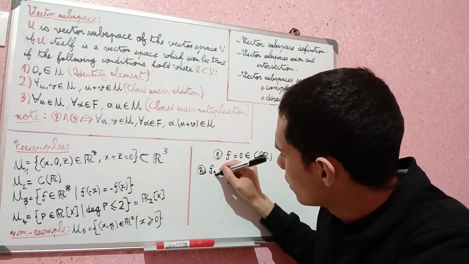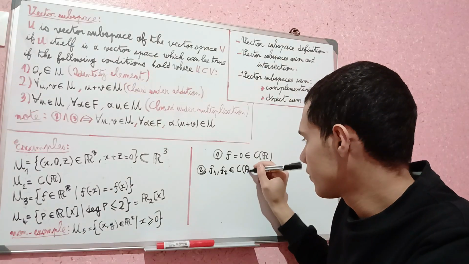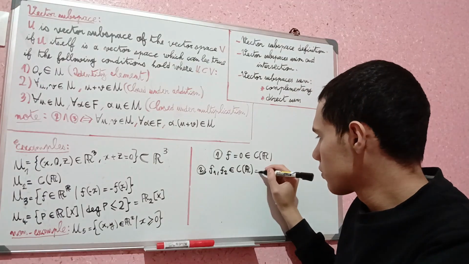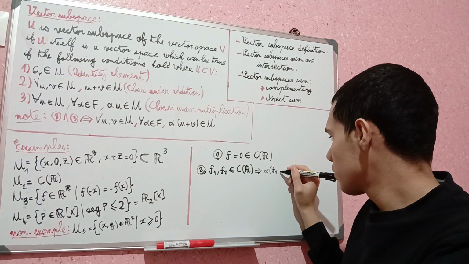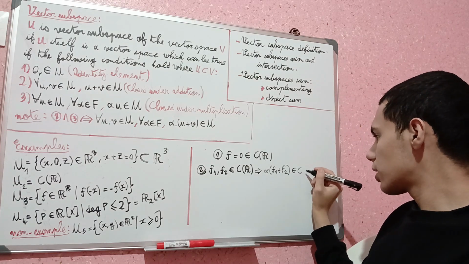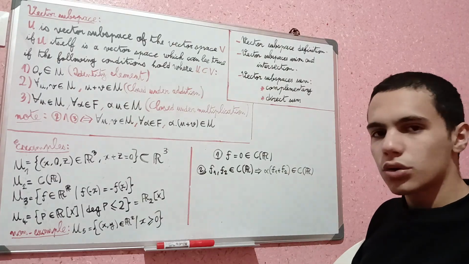If f1 and f2 belong to C(R), then alpha f1 plus f2 also belongs to C(R). This is from the properties of continuity.